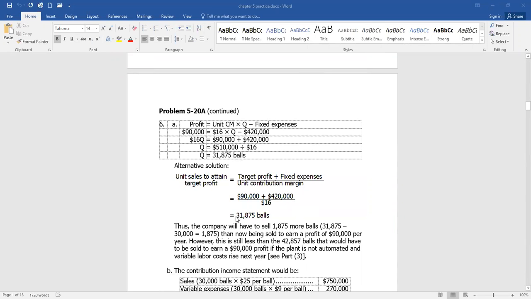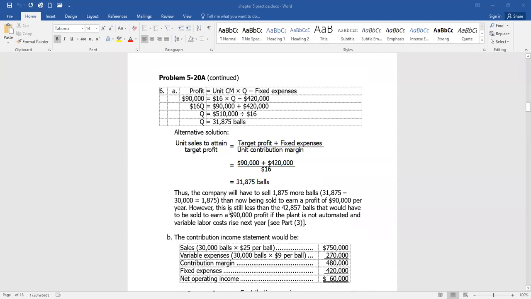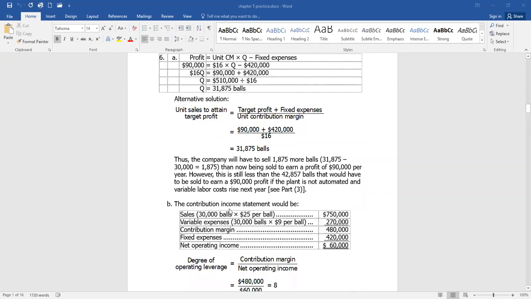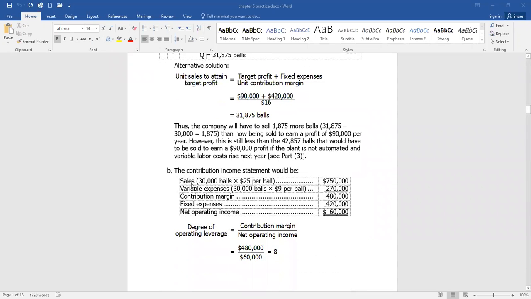In part B, assume the new plant is built and next year the company manufactures and sells 30,000. Prepare a contribution format income statement and compute the degree of operating leverage. So we would take the sales of 30,000 balls times $25, 750,000.